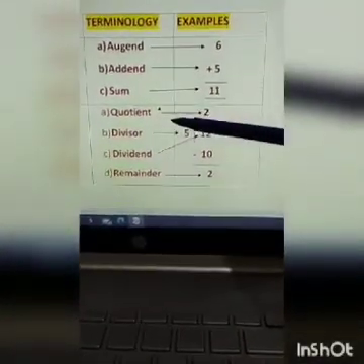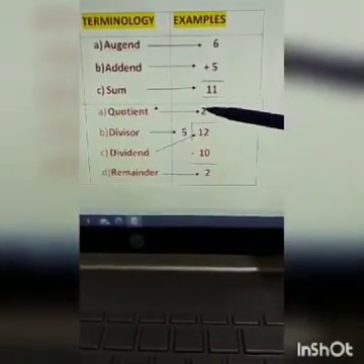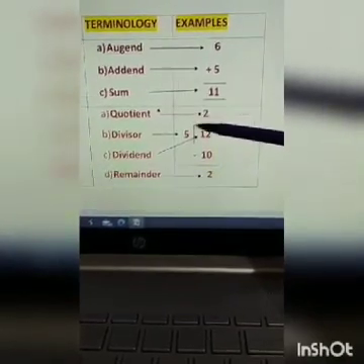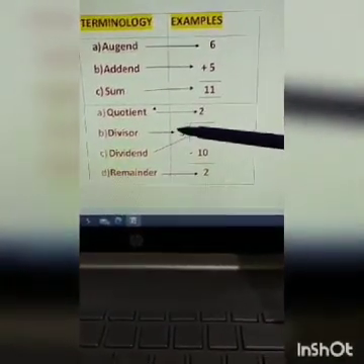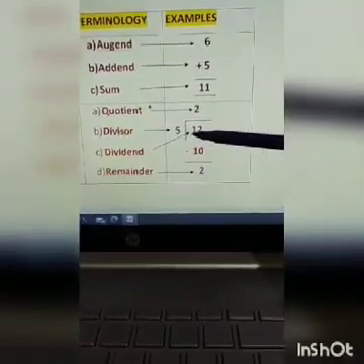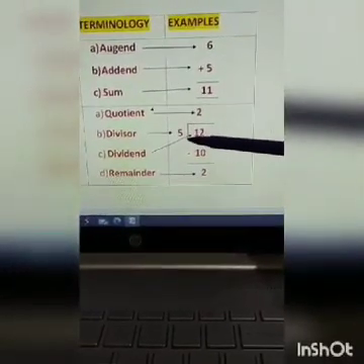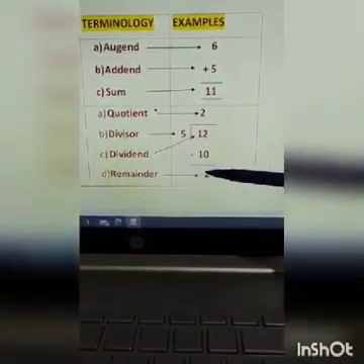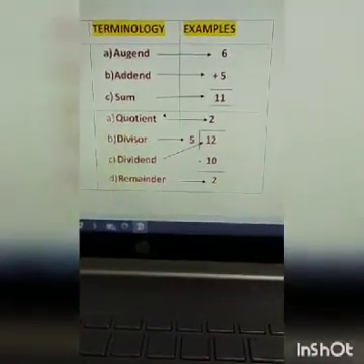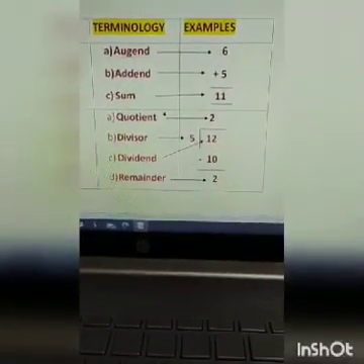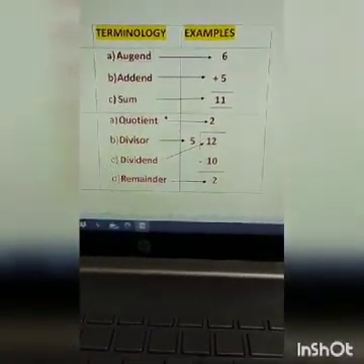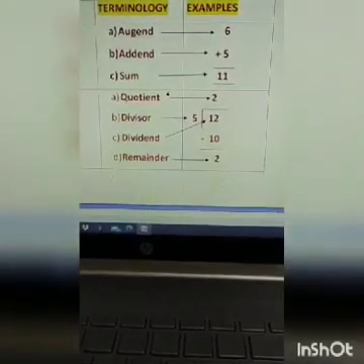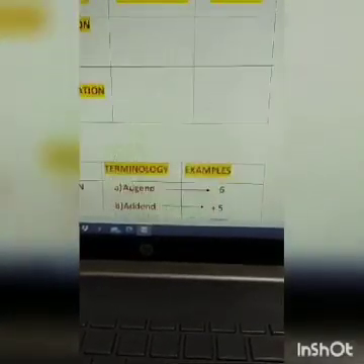I put an arrow at the quotient, which is the quotient. The divisor is 5, arrow. The dividend is 12, I show by arrow, and the remainder is 2. That is also shown by putting an arrow. In this way you will complete your project also.